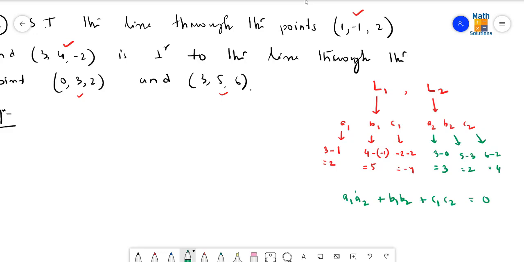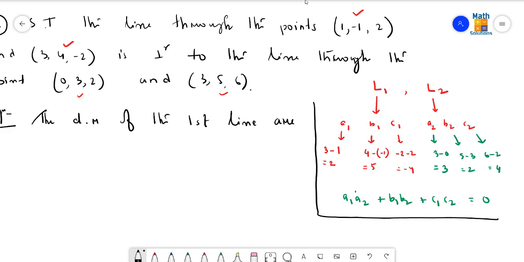So while doing the sum we can write the direction ratios of the first line, this is just for your understanding I have shown.